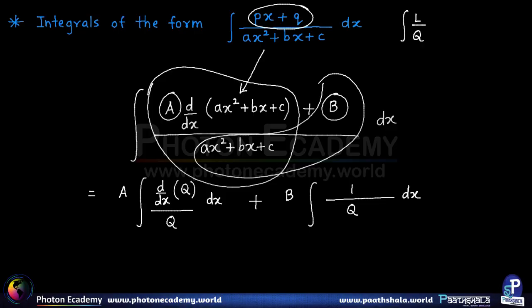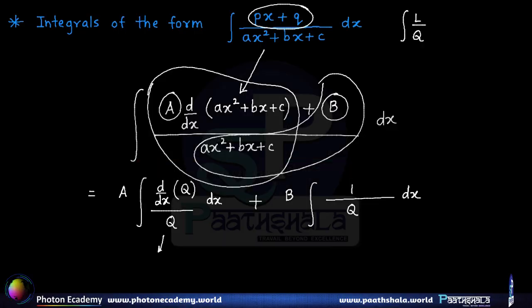Now if you observe, the first integral has the form that derivative of a function upon the function. So therefore its answer is nothing but log of mod of that particular function, as per the standard result.